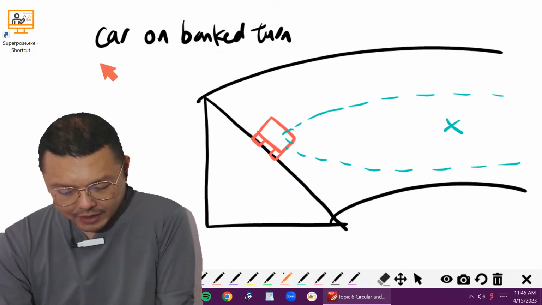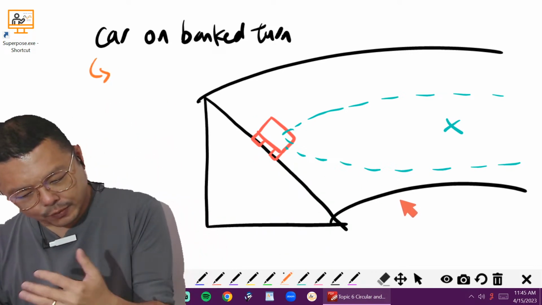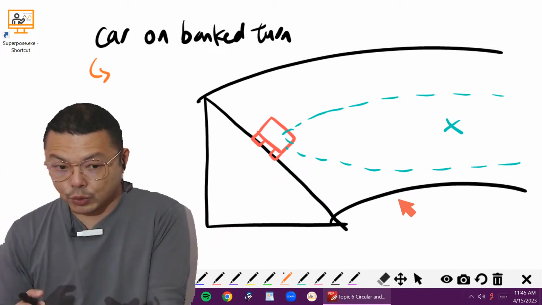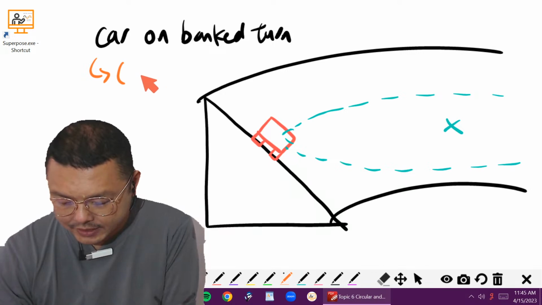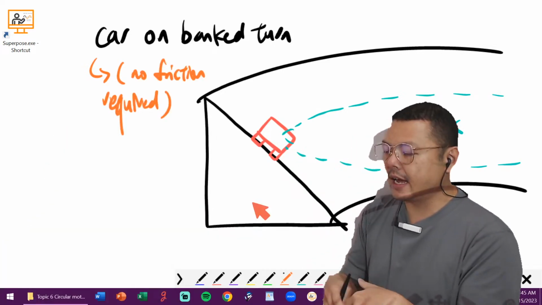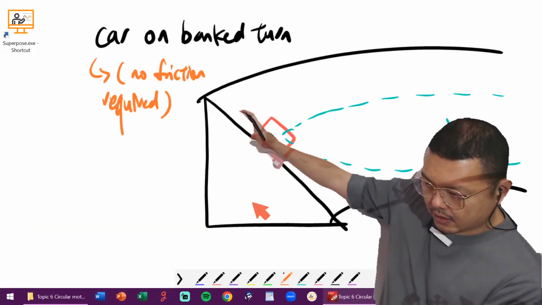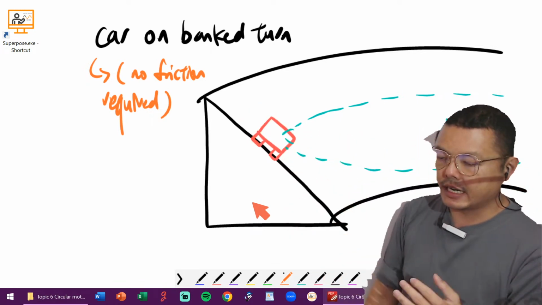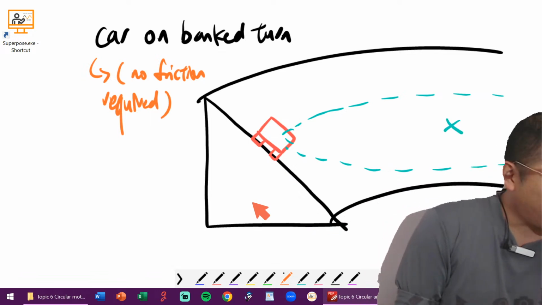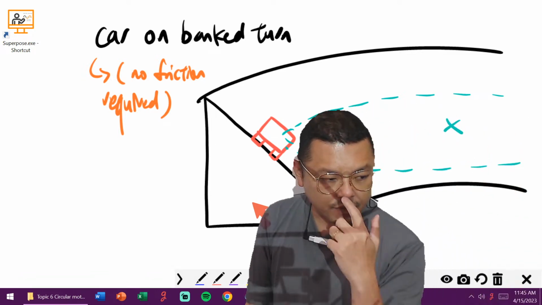If you don't want to dwell too much on why this happens, and you don't have to, just remember this: the reason why some race tracks are banked is to reduce the friction required.